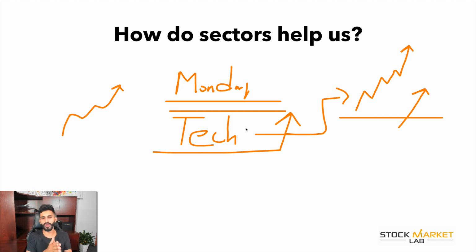Now, if you're not looking at sectors, it's fine. But just having an overall view of the market to see what sectors are taking a hit and what sectors are not, even once a week, takes like 5 minutes. Legitimately takes 5 minutes just to see how sectors are performing. It gives you a clear view of what's going on. And then you're able to say, okay, the banking and finance sector is taking a hit, right?